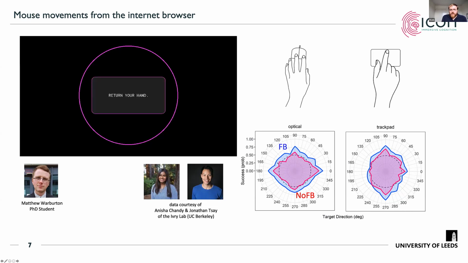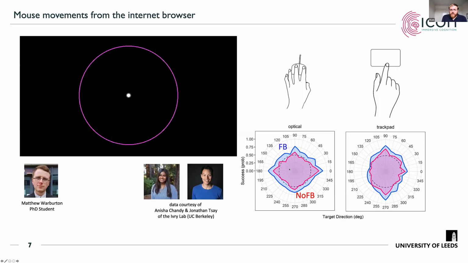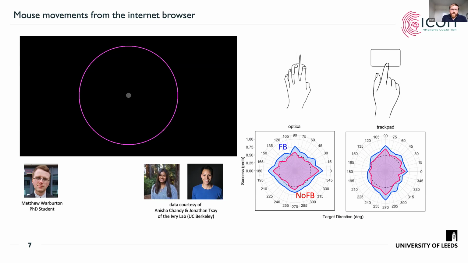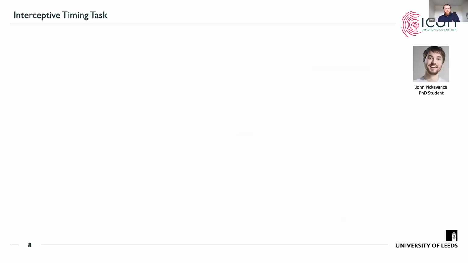You can clearly see that it's different across directions, but also different across the two devices. So that's something you want to keep in mind when you're running experiments like this: you may find differences based on the equipment that the participant's using.